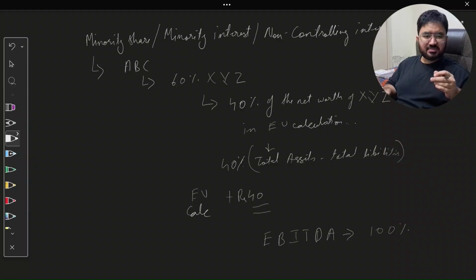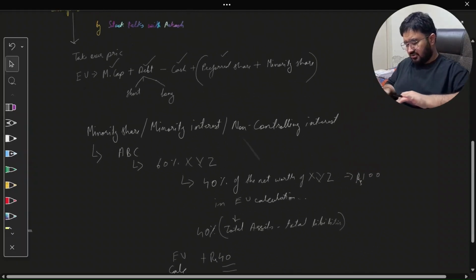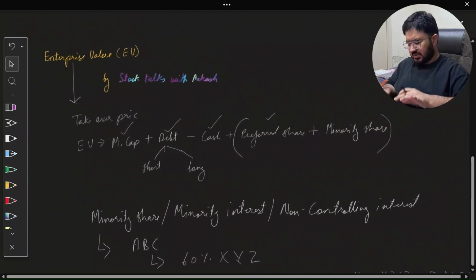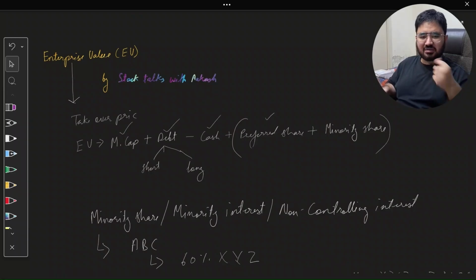We only own 60%, but due to accounting standards, we have to include 100%. Don't ask me why. It's just a standard we follow. I hope you get it. So now you must be very clear how to calculate the enterprise value. It's a takeover price. You have to pay this price to acquire the company.